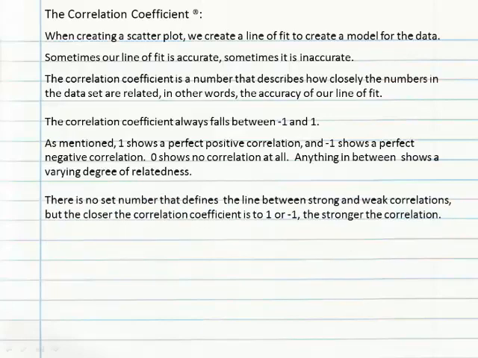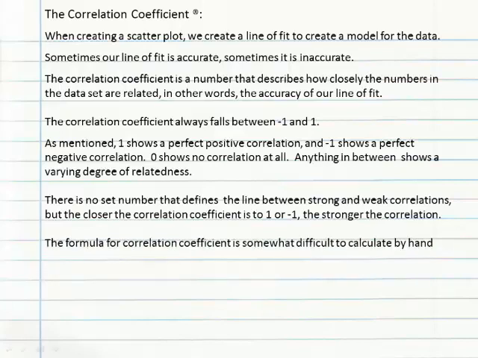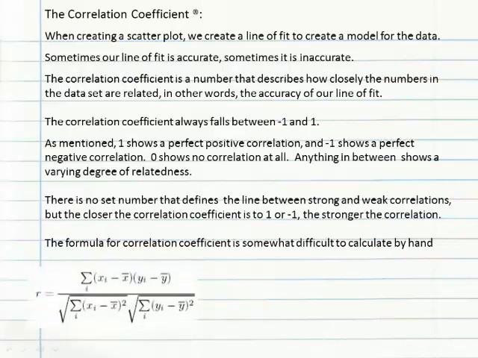There is no set number that defines the line between a strong and a weak correlation, but the closer the correlation coefficient is to 1 or -1, the stronger the correlation. The closer it is to 0, the weaker the correlation. We have a formula for the correlation coefficient, but it's somewhat difficult to calculate by hand.